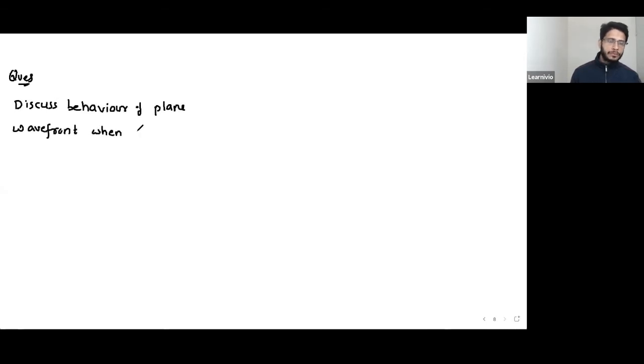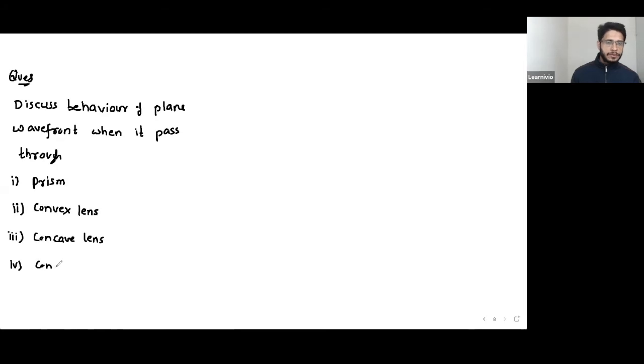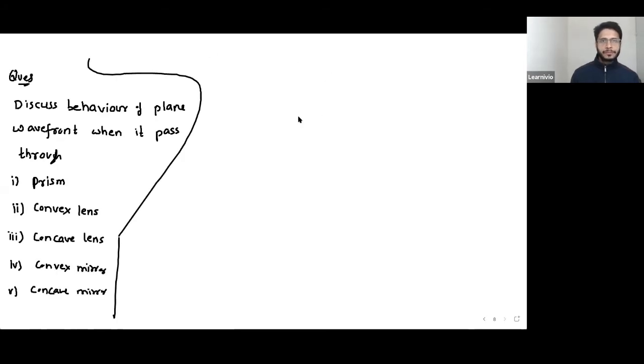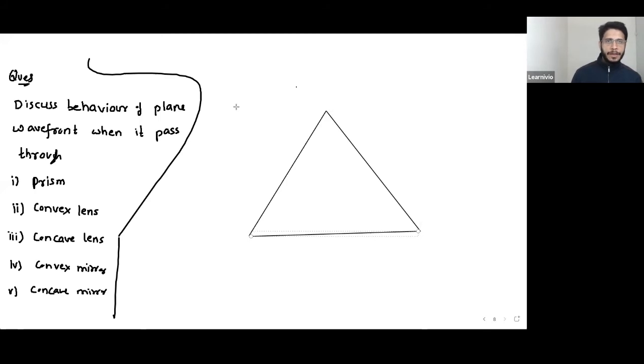The next is to start with a simple question. Discuss behavior. So I incident a plane wavefront here.